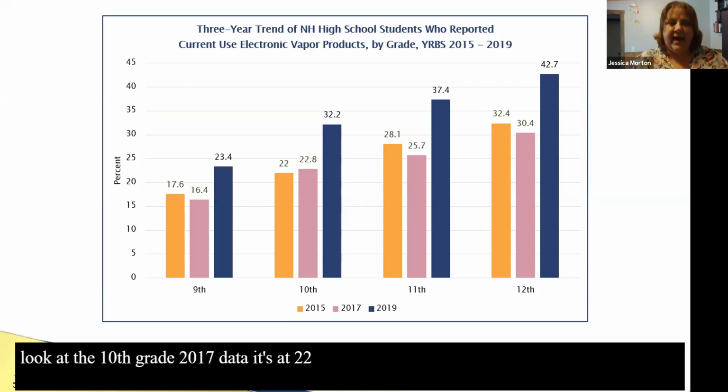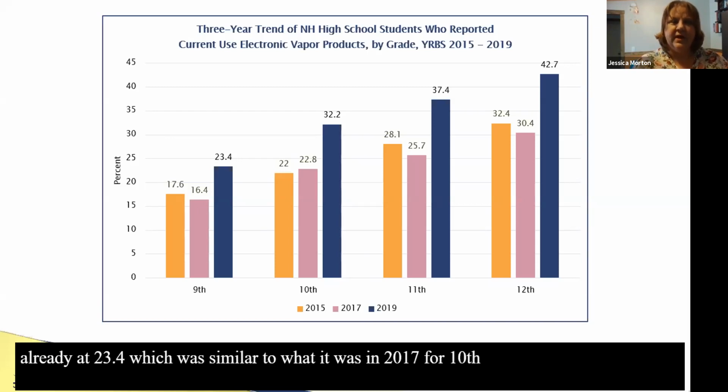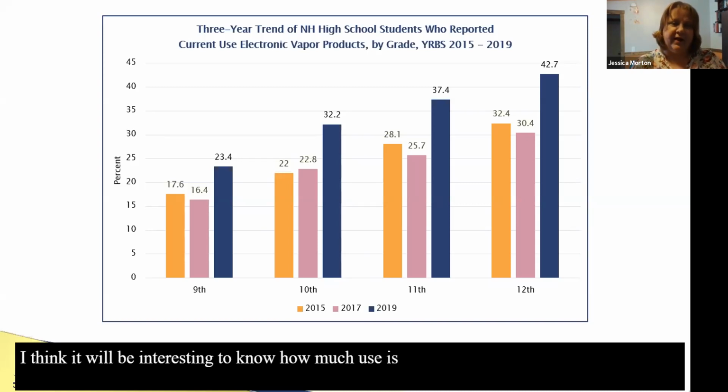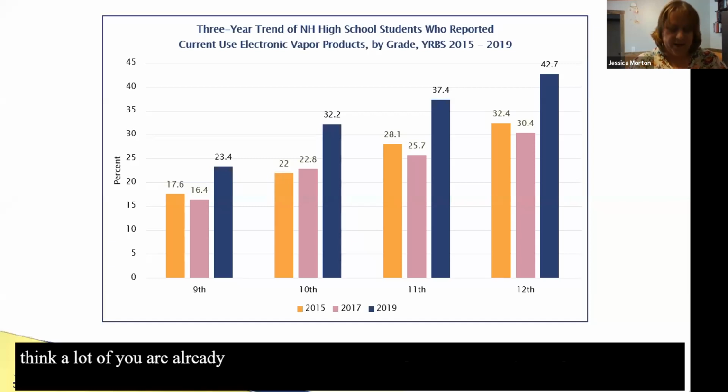So in my head, I'm thinking if 9th grade data is already at 23.4, which was similar to what it was in 2017 for 10th grade, what is it like for those in 6th, 7th, and 8th grade? I think it'll be interesting to know how much use is going on in the younger grades, and I think a lot of you are already familiar with and already seeing some use at younger grades.